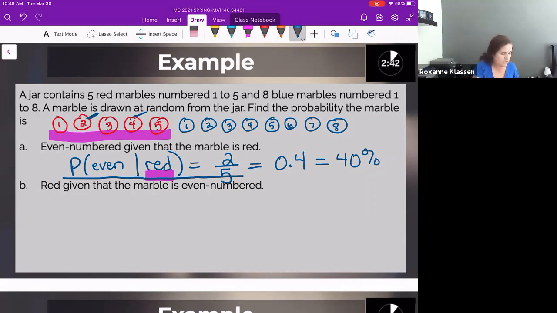Even if they're wrong, even if you're not sure, put something there.